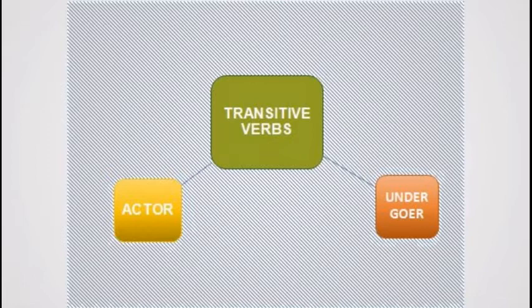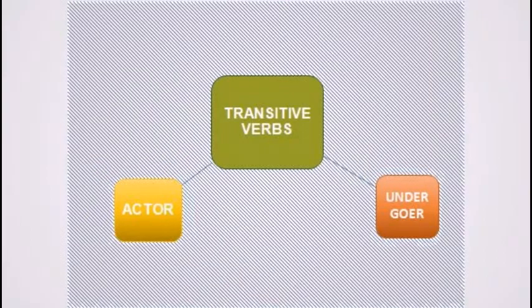According to the theory called role and reference grammar, the actor of an event is the individual that performs, instigates, or controls it, whereas the undergoer is the one that is affected by it.